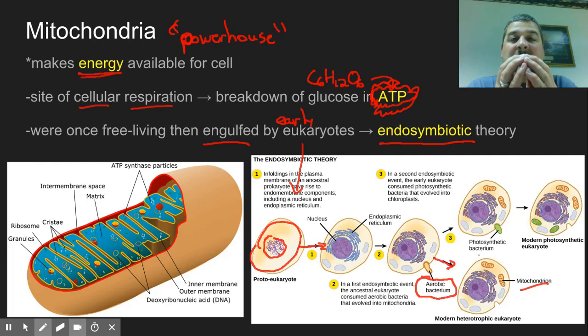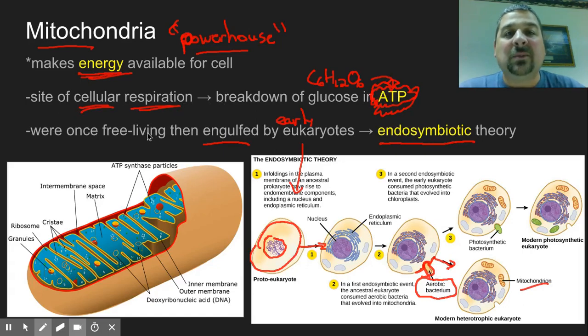They had their original membrane, and then when they were engulfed, where this cell membrane pinched in, that ended up sort of giving it an outer membrane. So there is some evidence that this may have happened long ago in the past. So mitochondria, remember: energy, powerhouse of the cell, cellular respiration, breaking down glucose for energy.